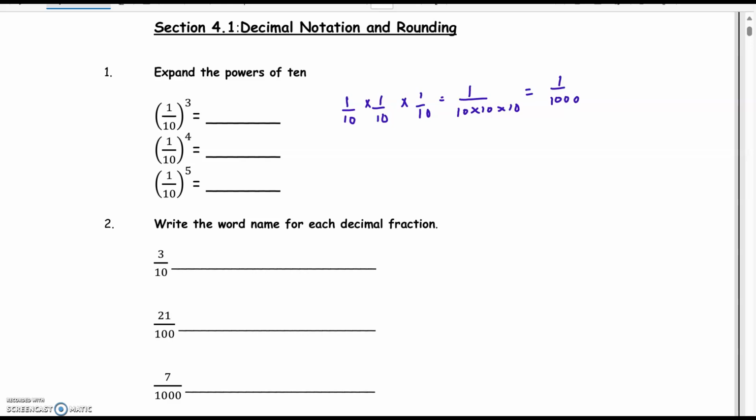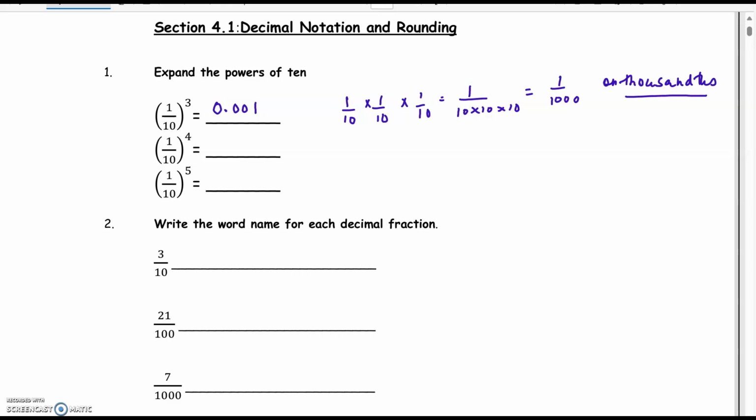And this is called 1,000ths. So what does 1,000ths look like in decimal notation? It's 0.001. So that is 1,000ths.